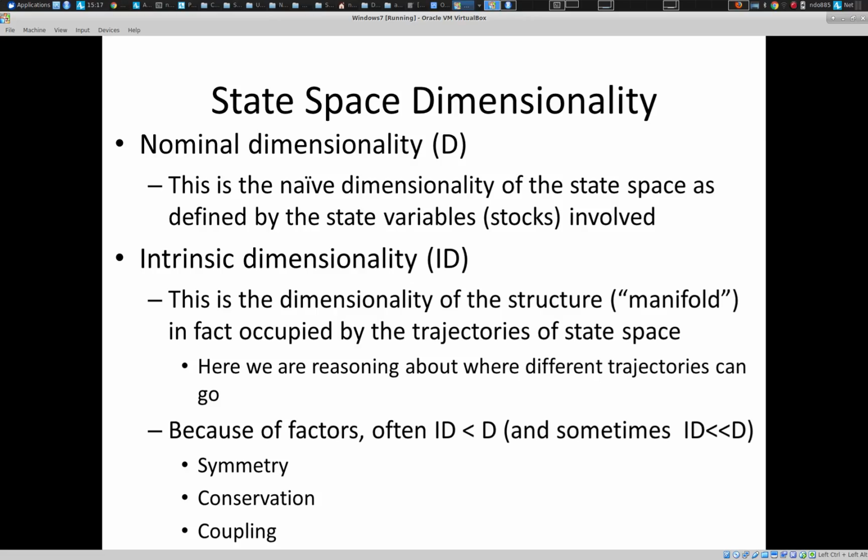So let's consider this model over here, S, I, and R. We noted here that if we wanted to pick the full state space, we can depict S, I, and R coming out of the board. I would argue that that's a three-dimensional state space, 1, 2, 3. But the intrinsic dimensionality of that space is just 2 dimensions.